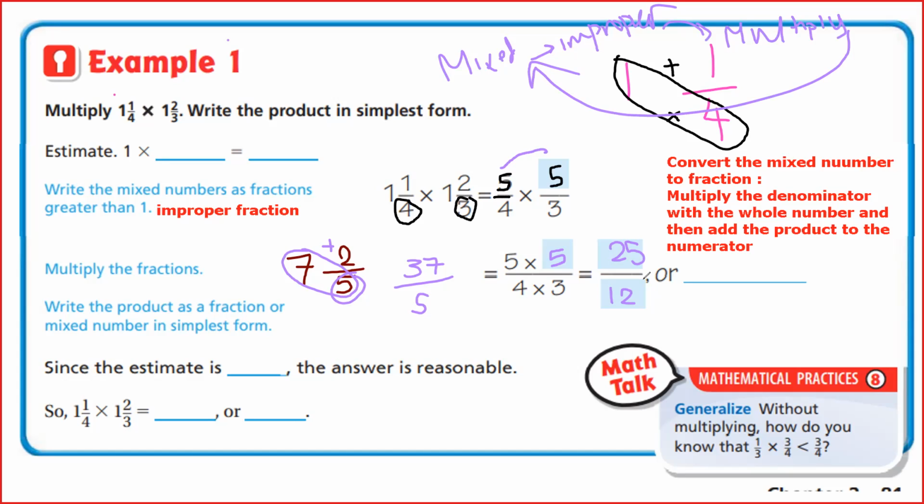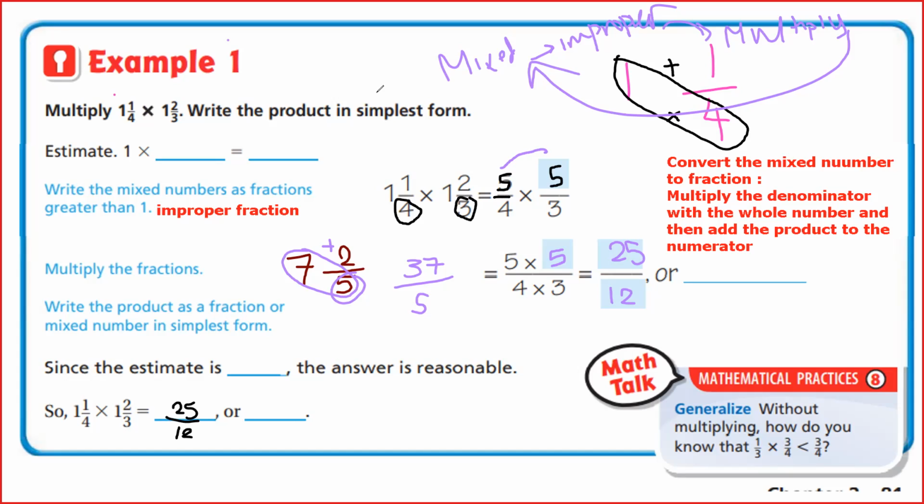How do I convert it to a mixed number? Who can tell me? Yes. How? Maybe you put 25.12.